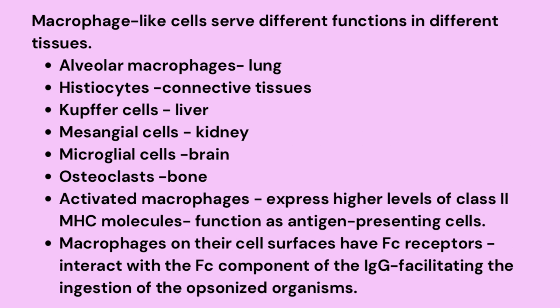Macrophage-like cells serve different functions in different tissues and are named according to their tissue locations. There are alveolar macrophages in the lung, histiocytes in connective tissues, Kupffer cells in the liver, mesangial cells in the kidney, microglial cells in the brain, and osteoclasts in bone.